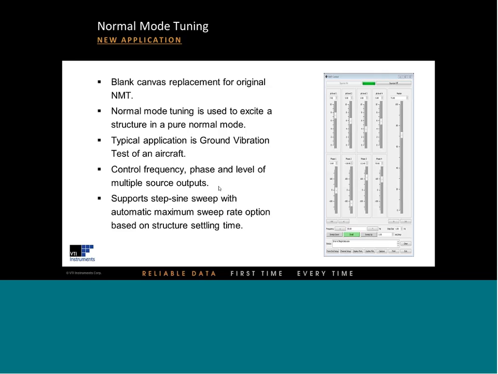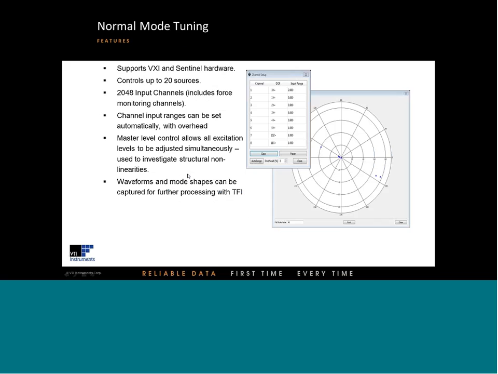You basically set the settling time of the structure in terms of the number of cycles it will take to settle after a frequency step, and then the software will make the step, wait the settling time, gather one frame of data, present the results for that, and move on to the next frequency. Or you can set a larger frequency step and control it based on time.